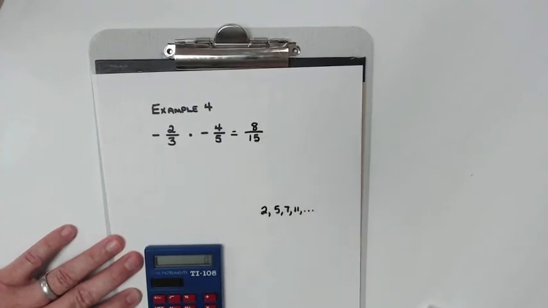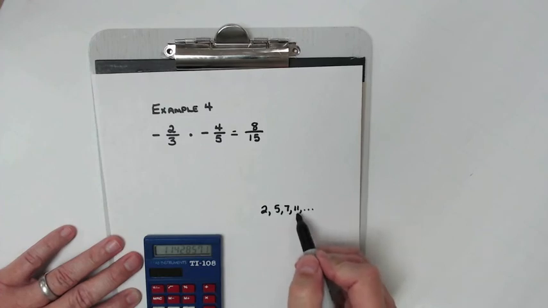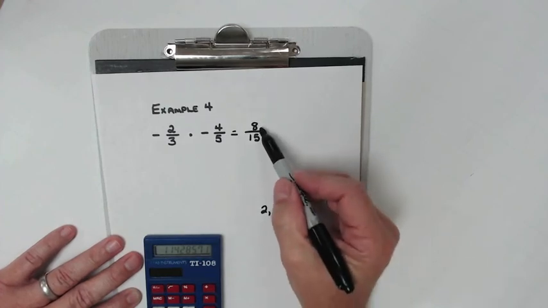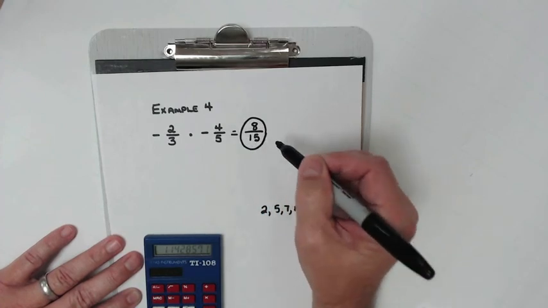Will 5 go into 8? 8 divided by 5? No. 8 divided by 5 will not go into it an even number of times. Notice I've got a decimal. 7. 8 divided by 7. 7 won't go into it. My next number is 11. It's bigger than the one I'm trying to put it into. That means that fraction right there has been simplified.